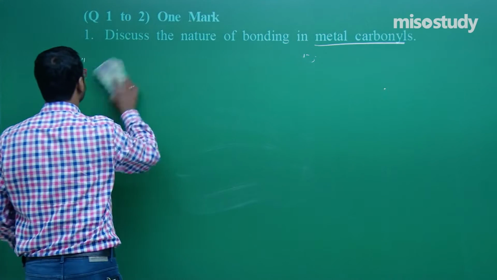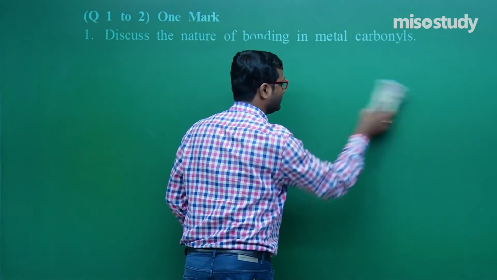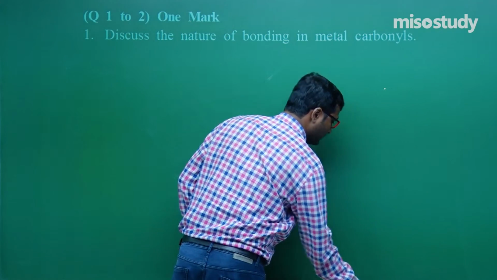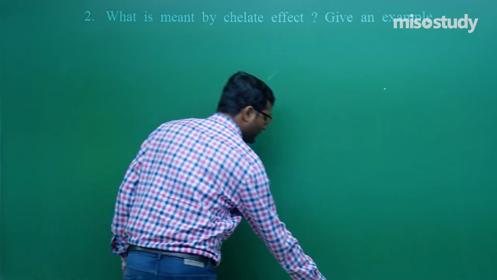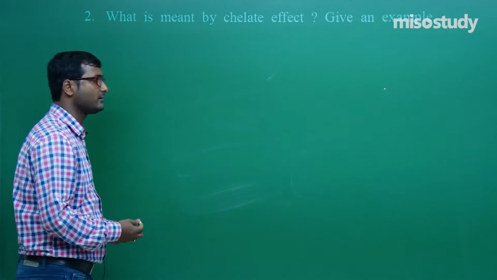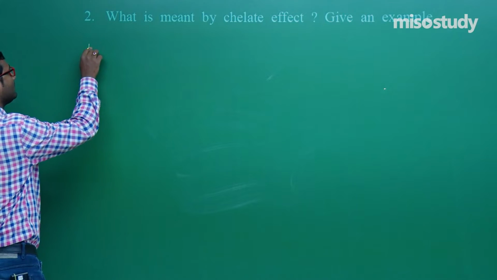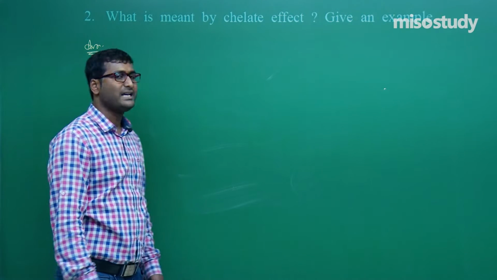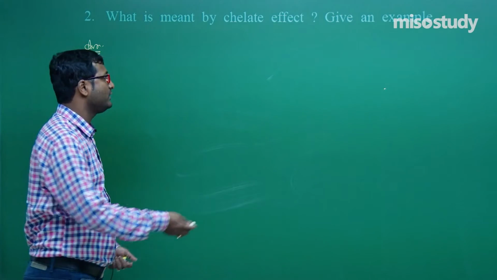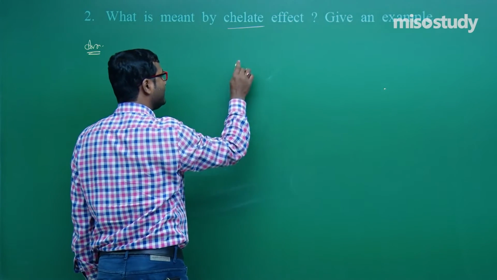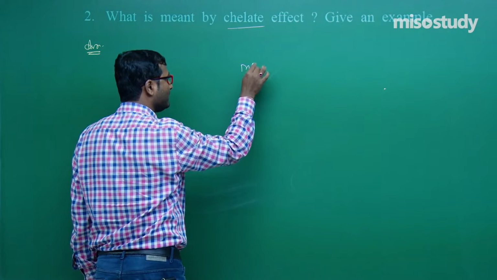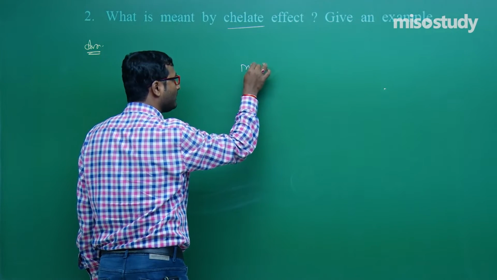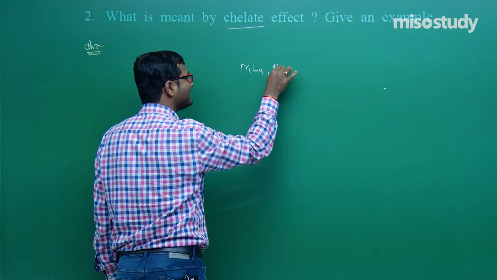Wait for a moment. What is given here? Check it out. The next question is, read the question carefully, what is given here. The answer of this question, my friend. What is meant by chelating effect? As we know, if there is a ligand, the formula may be ML4, ML6, suppose.